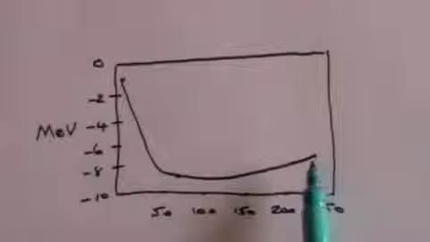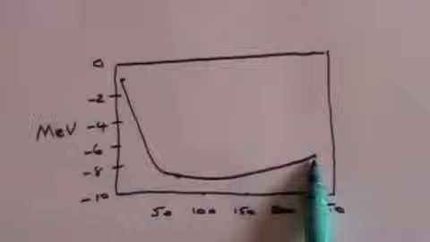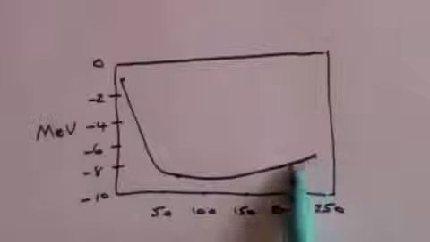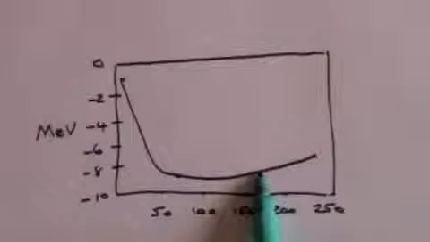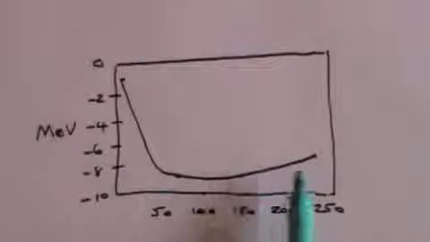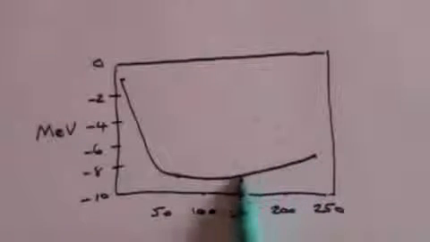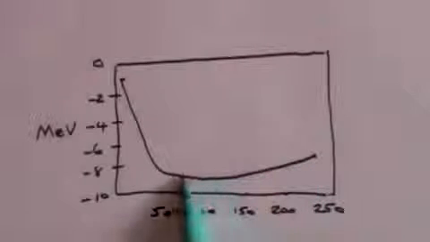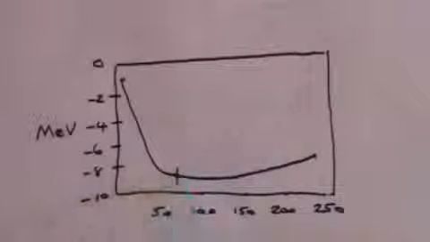But similarly, if you start with large elements and break them down into smaller elements, you also get energy out, because as you go towards smaller elements, the binding energy per nucleon is lower. And the process stops at iron in each direction.